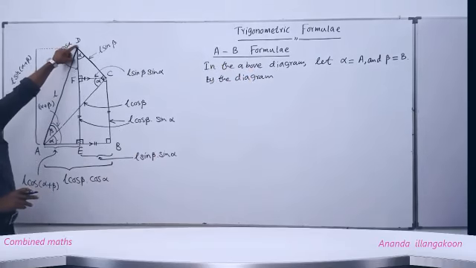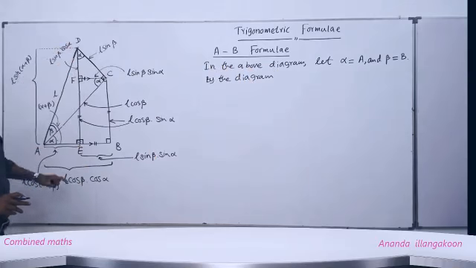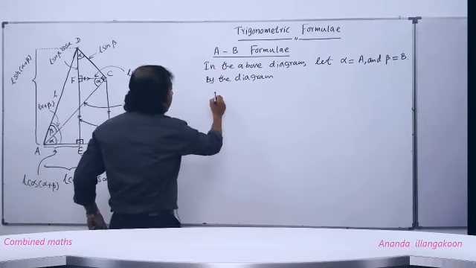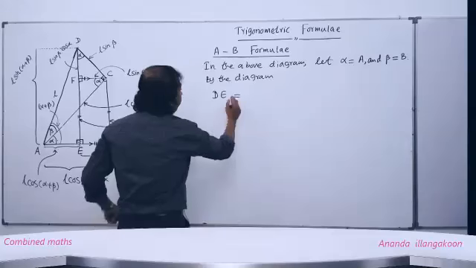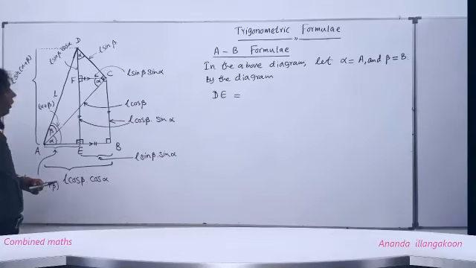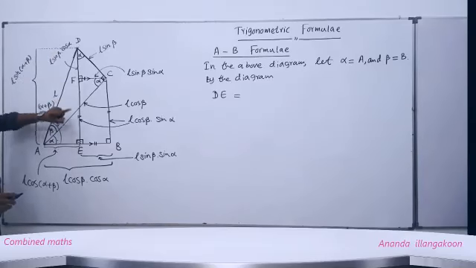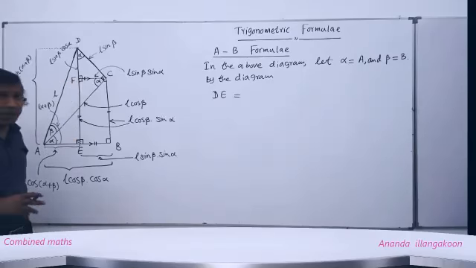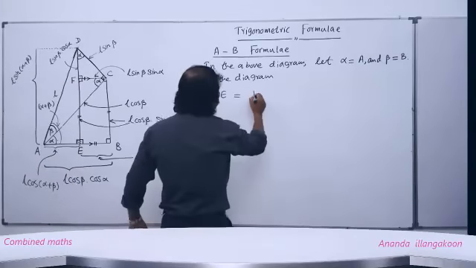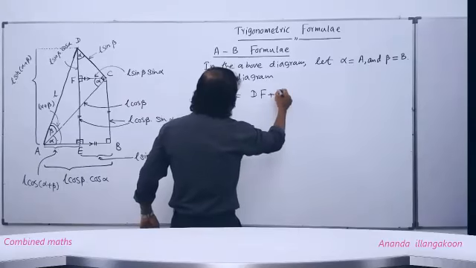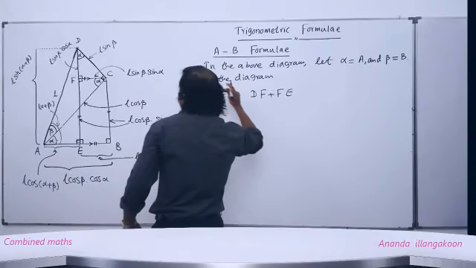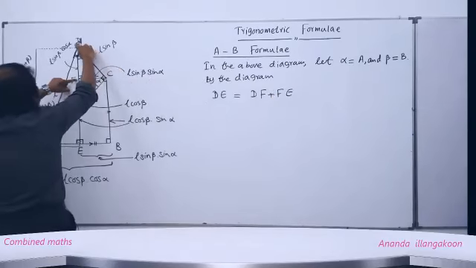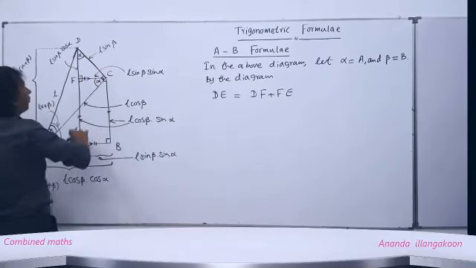Right, people, now first thing is this. I am going to write this DE height. This DE height, you can write, people, in this way. DE height is equal to DF plus FE. DF is this, FE is this.